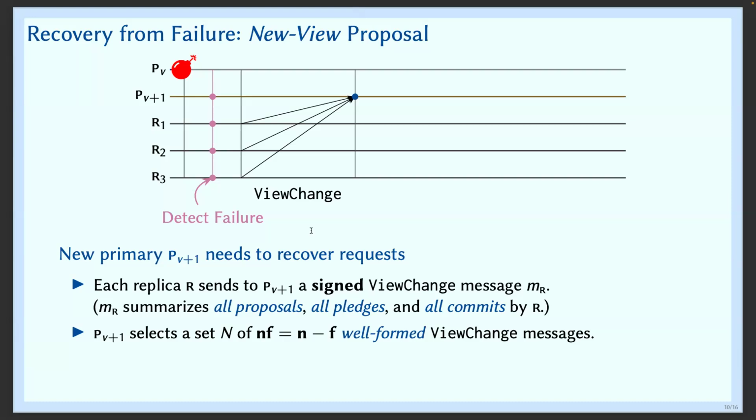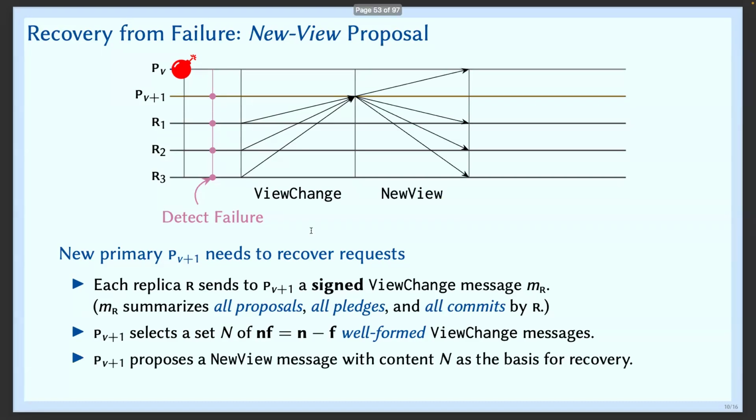And it has also collected enough view change messages with the history of all the prepared or committed material. Based on that, it proposes a new view. It says, let's all start a new view, view plus one.